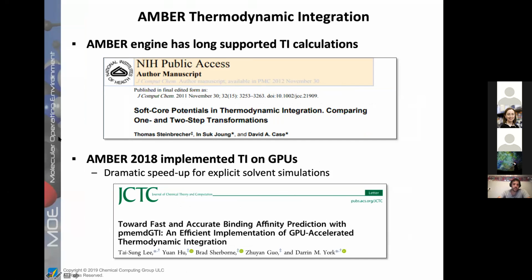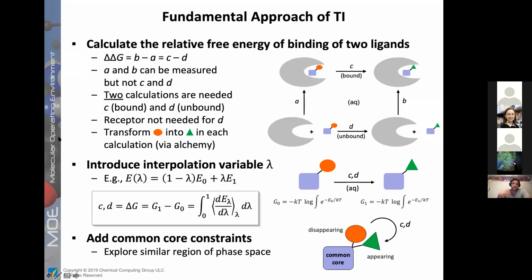So really briefly, the TI approach doesn't go the direct route where you have a protein and a ligand in solution and then measure binding and unbinding events. But it takes advantage of the thermodynamic cycle and does the alchemical transformation of ligand A in the binding pocket to its counterpart ligand B over the course of various different MD simulations.